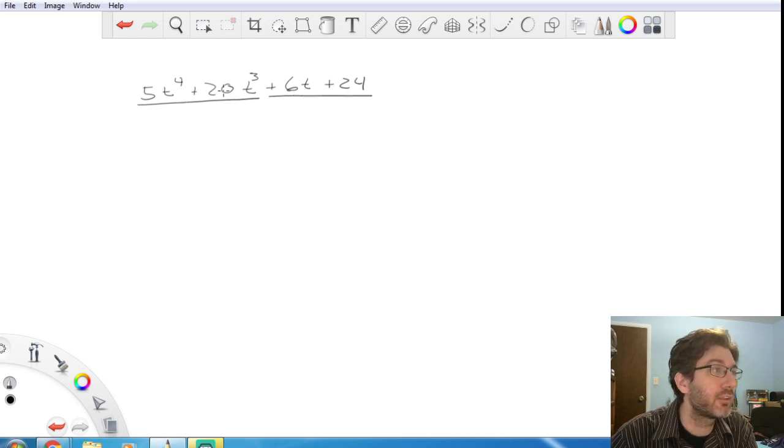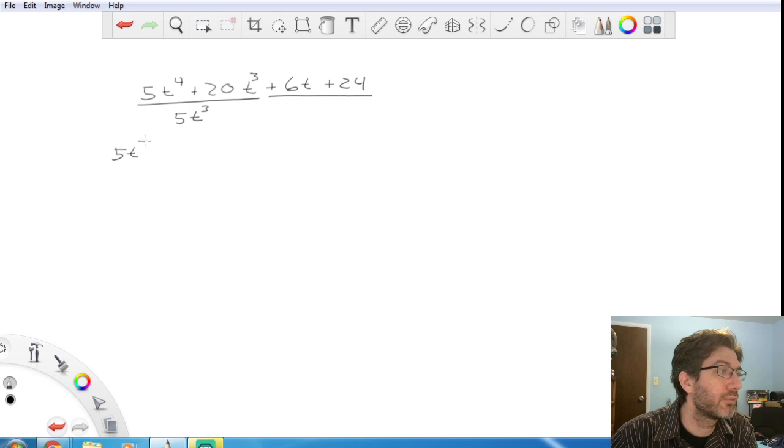Here I can factor out a 5t cubed, right? I can take 5 out of 5. I can take 5 out of 20. And I can take t cubed out of t cubed, and I can take 3 t's out of t to the 4th. So I can factor out the 5t cubed.